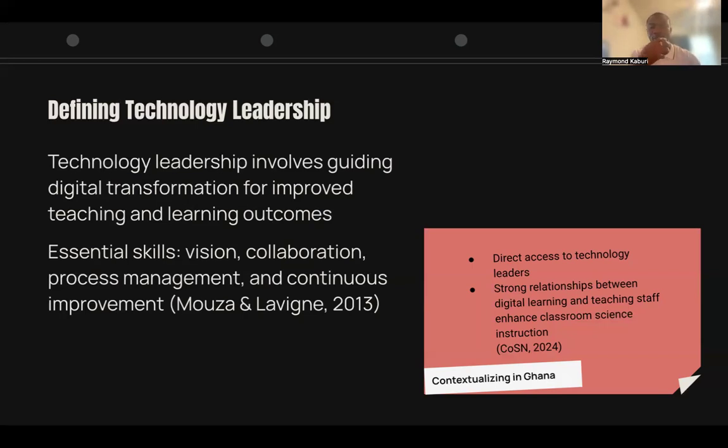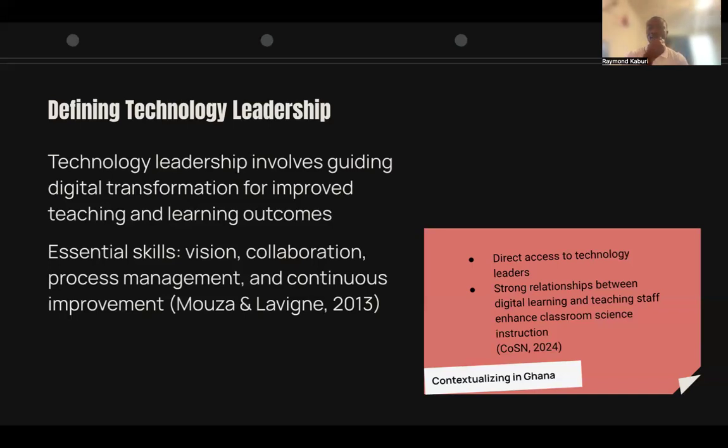And also, there should be continuous improvement, which may include continuous professional development for whosoever. This was stated by Mouza and Lavigne in 2013 as essential skills needed for the successful implementation of technology leadership.